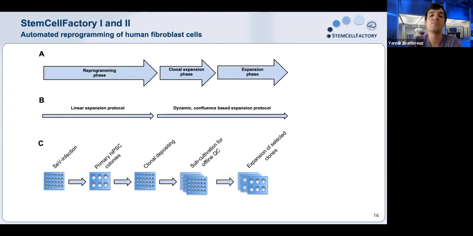While the reprogramming phase is an inflexible sequential procedure of protocols, the expansion phase is a dynamic, cell growth-oriented phase. And during the whole process, we are working in 6 and 24-well plates.